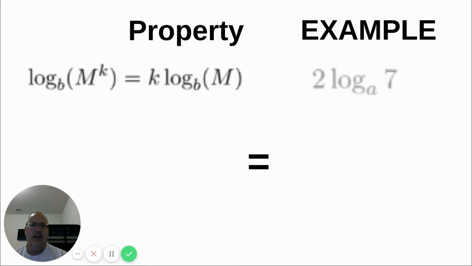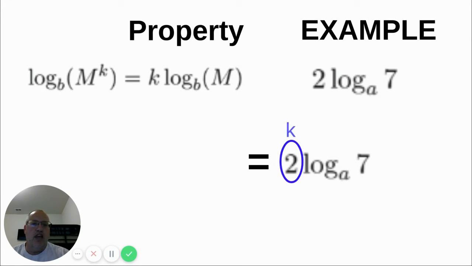So what does that look like? Here's an example. 2 times the log base a of 7. Let's take a look at it for a moment. I've got 2 times the log base a of 7. This 2 is my k value, which was the value that was in the exponent. And this 7 is my base, or my m value.